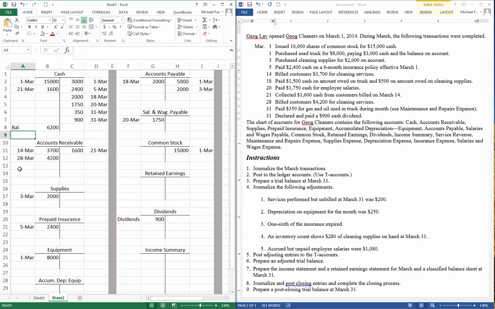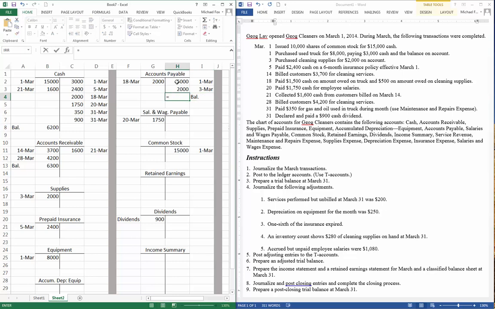So for accounts receivable, the balance as of this date is going to equal my debit side minus my credit side. Supplies balance, prepaid insurance, equipment. Accounts payable, since that's a liability, we'll do the balance on the credit side.